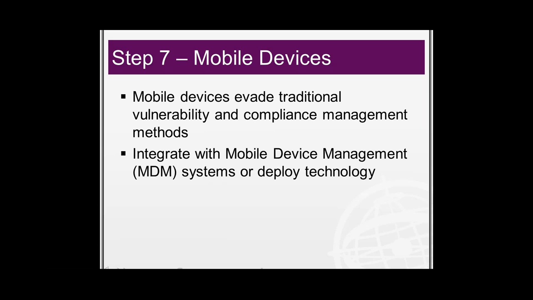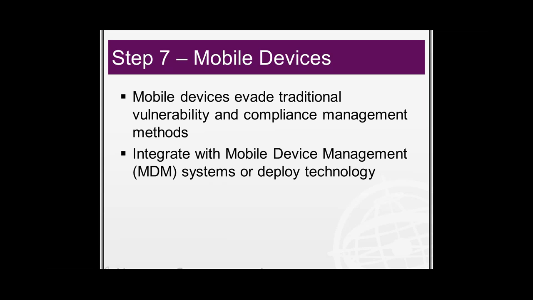And what does this do? It actually creates gaps in our policy as to how we should deal with those things. How does it help us deal with a situation if your own BYOD device has been compromised in some way and now it's compromising our assets at work? So what we need to do is integrate mobile device management systems or deploy technologies such as agents and things like that.